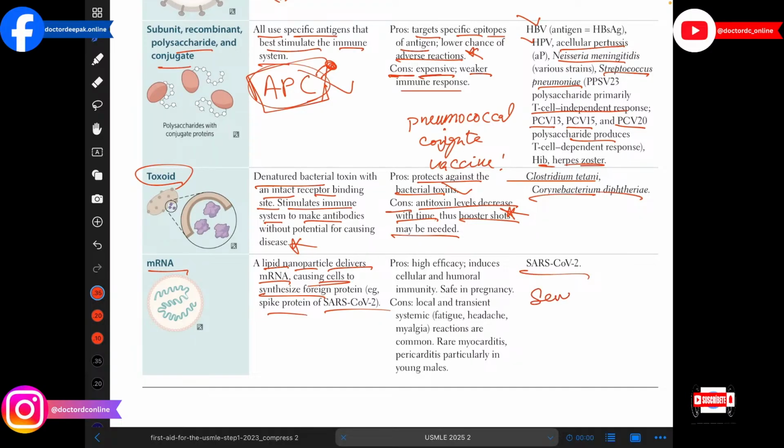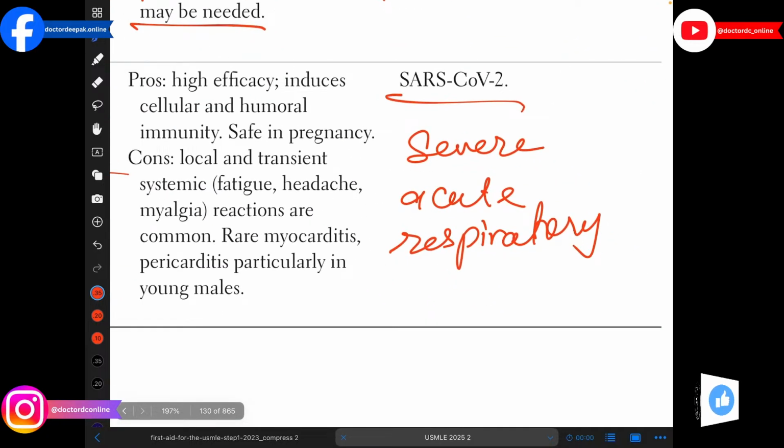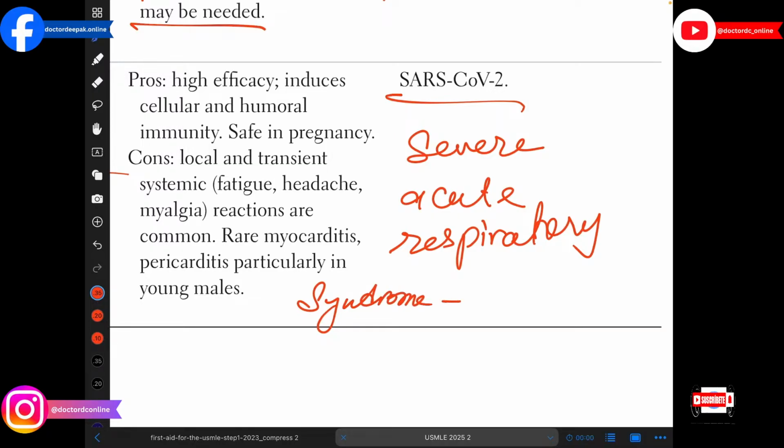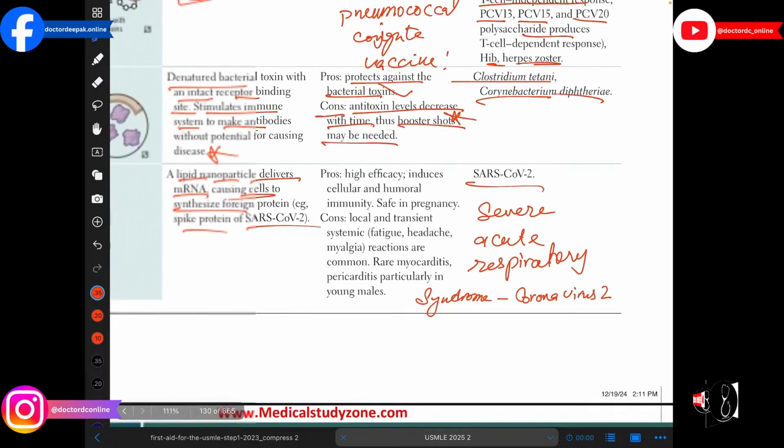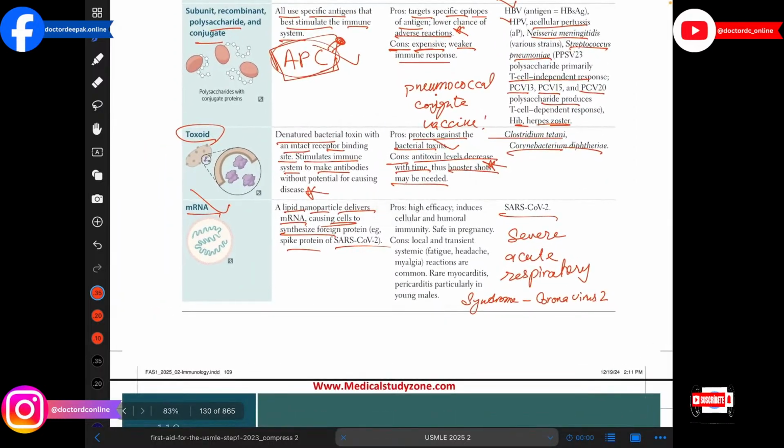It is severe acute respiratory syndrome coronavirus 2. It is a strain of coronavirus that causes COVID-19, the respiratory illness responsible for the COVID-19 pandemic. That was the mRNA vaccine.